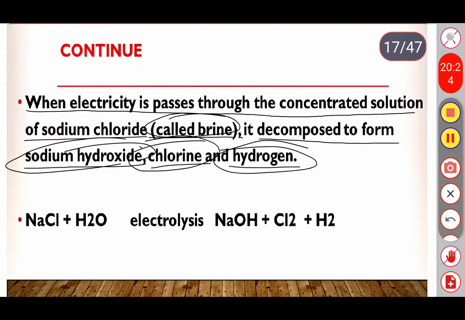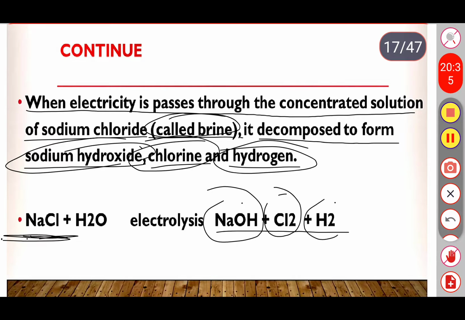By the electrolysis of sodium chloride, we can easily obtain the three products. First one is sodium hydroxide, second one is chlorine and third one is hydrogen. This electrolysis process is called the brine process.